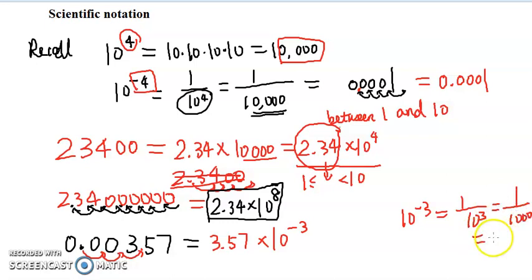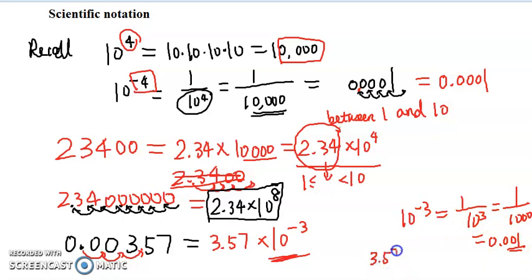And that's the decimal. We can change it to the decimal 0.001. 3 zeros means 3 decimal places. If we multiply 3.57 by 0.001, that's going to move the decimal point to the left 3 places, because in the answer, we should add together the decimal places.